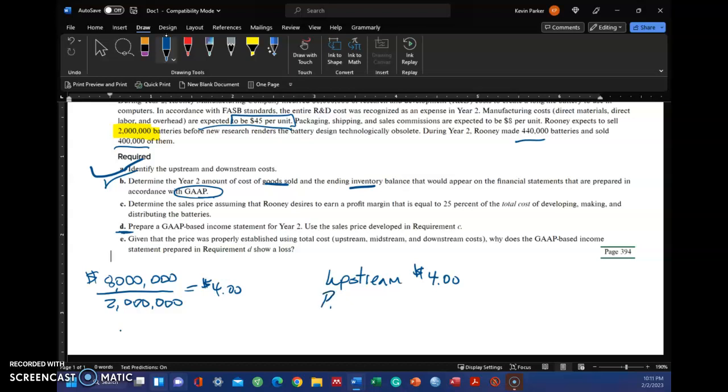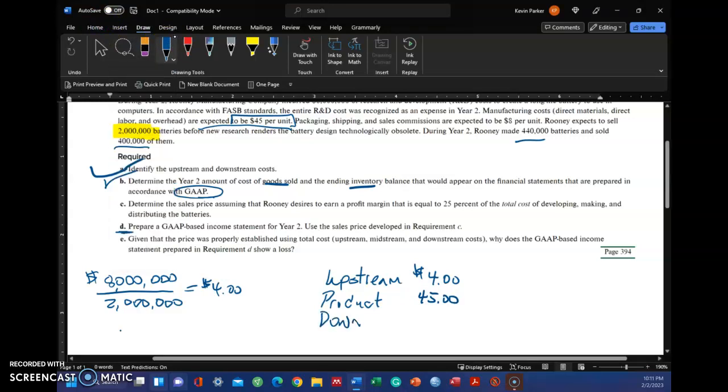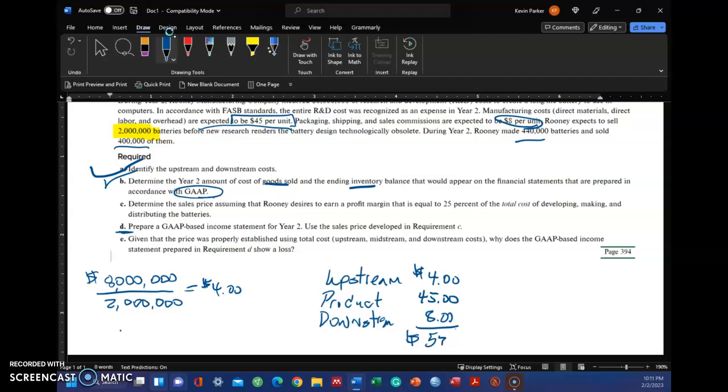And then product cost per unit is 45. And then downstream cost is 8. And that was, again, we pointed that out earlier. When you add those up, you get $57. Okay, not bad, huh?